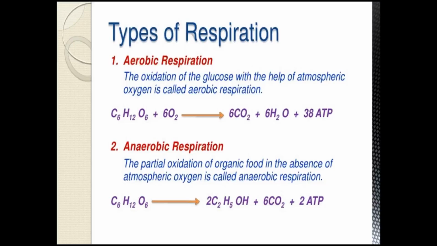The external environment has oxygen. The body gets oxygen from the environment. The plant obtains oxygen from the environment and releases carbon dioxide and water vapor. This exchange of gases is known as external respiration.